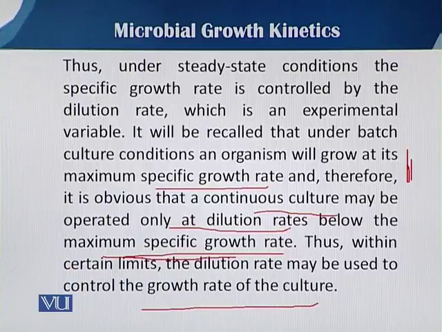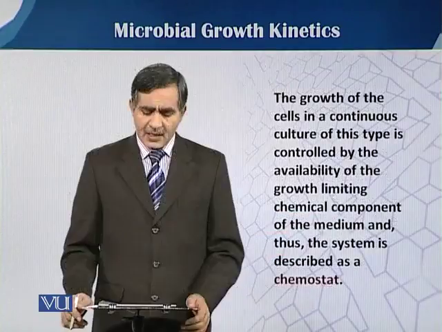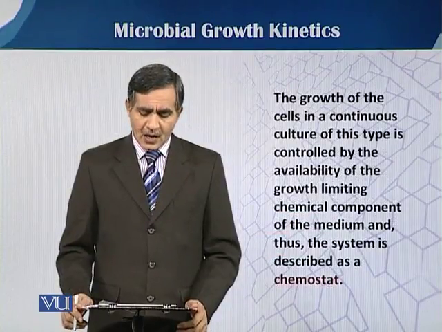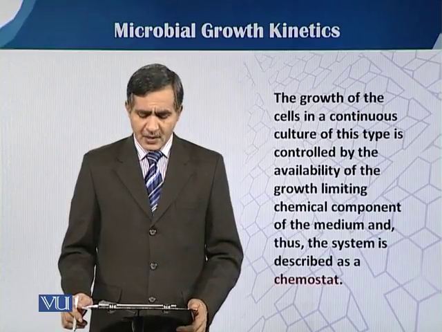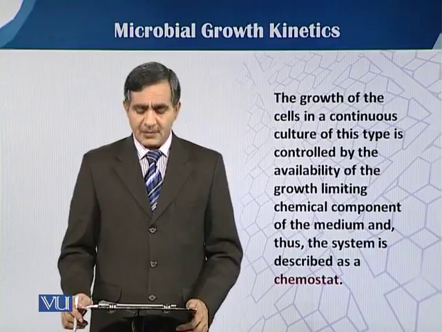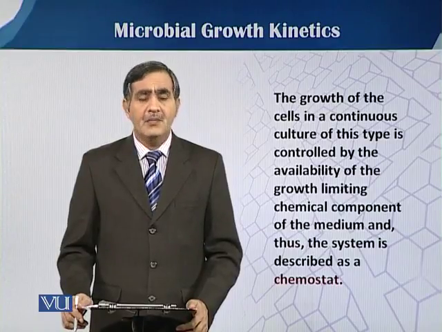How is that? We will see in the next slide that the growth of cells in a continuous culture of this type is controlled by the availability of the growth limiting chemical components of the medium.